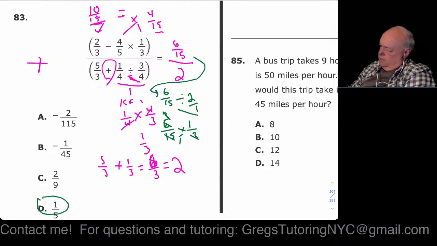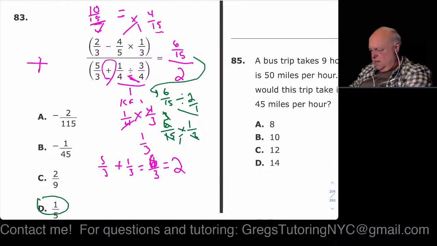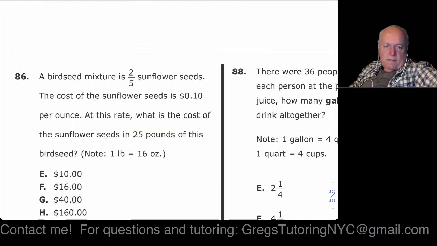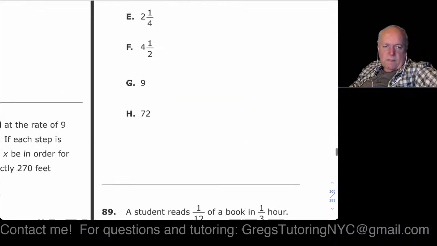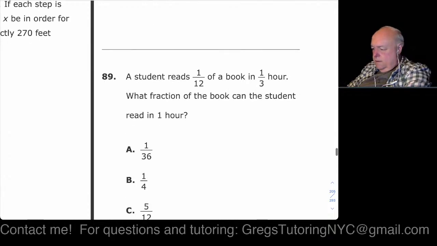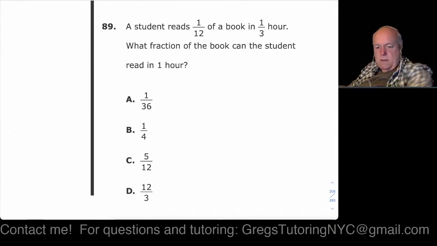That is a conversion. That is a proportion. This is, let's try 89 because I think that's just straight up arithmetic again, or arithmetic-y. All right, where's my tablet pen?